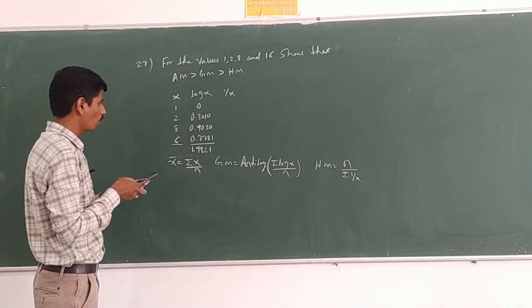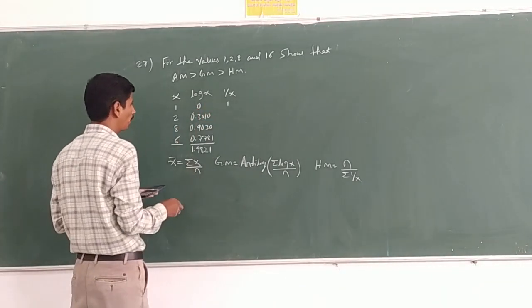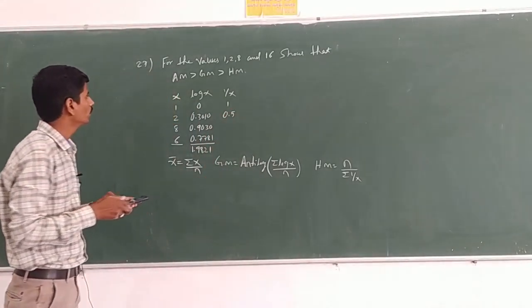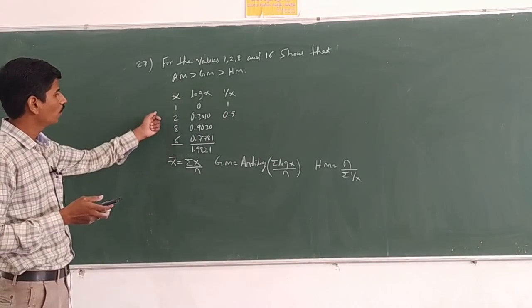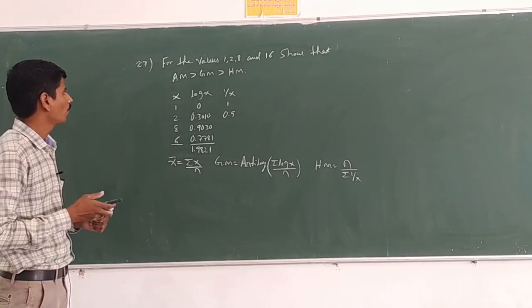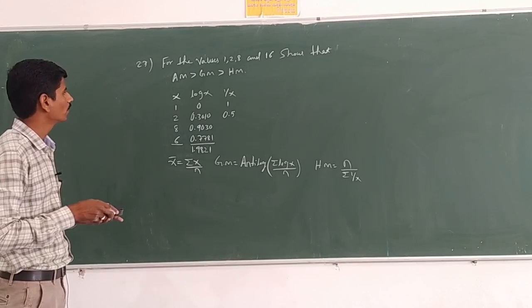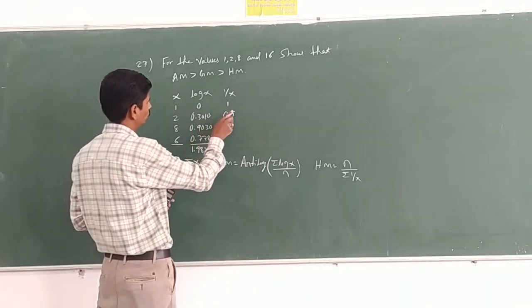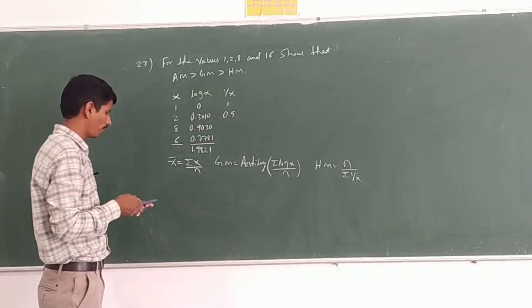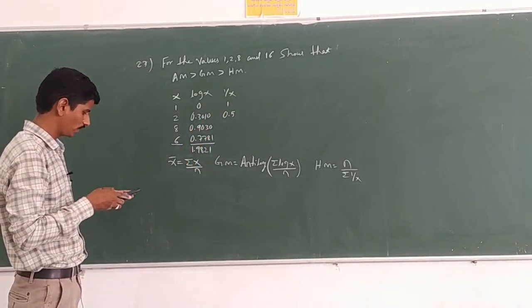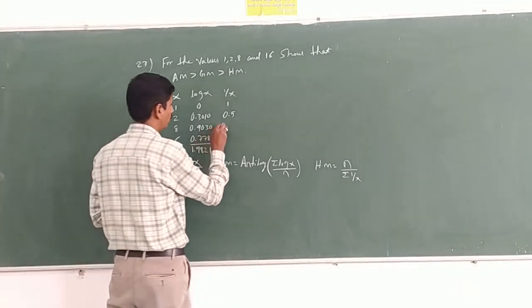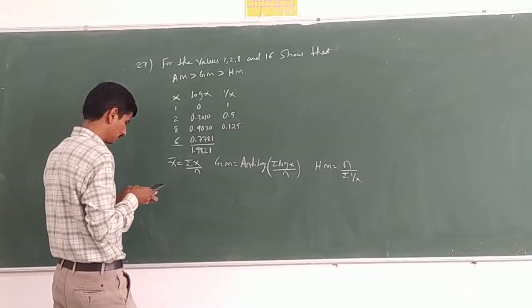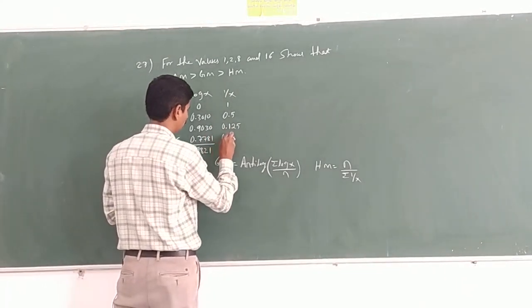The next, you want sum of 1 by x. Here 1 by 1 is 1, 1 by 2 is 0.5, the next 1 by 8 is 0.125, next 1 by 16 is 0.1666.